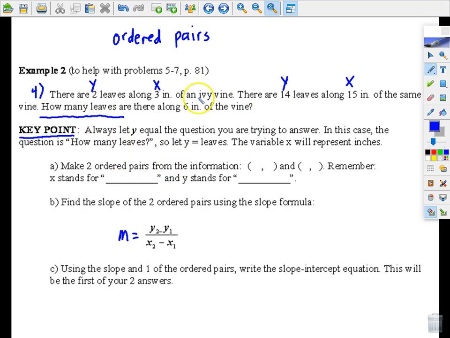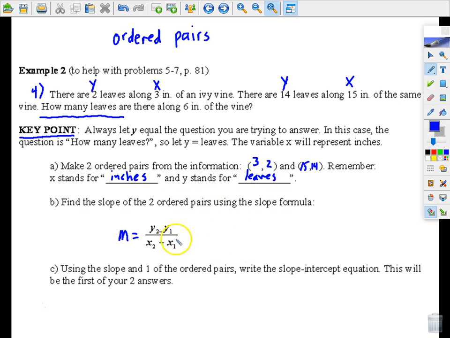So what we've done here is come up with a couple of ordered pairs: 3, 2, remember 3 is x, 2 is y, and 15, 14. Remember, x stands for inches in this case, and y stands for the number of leaves.